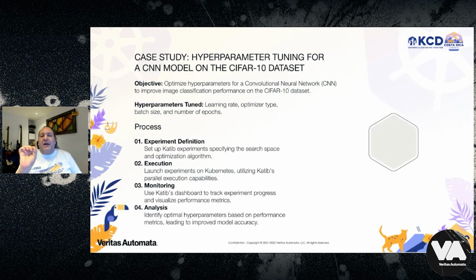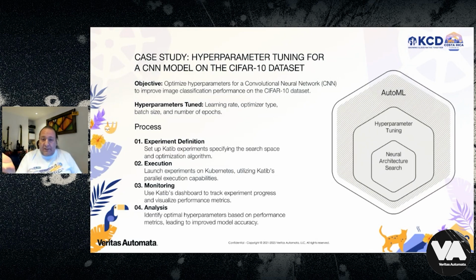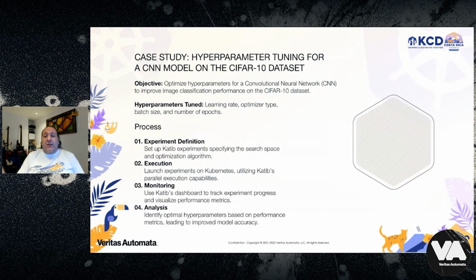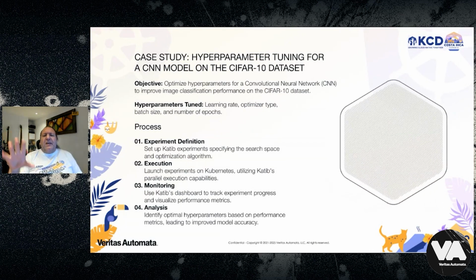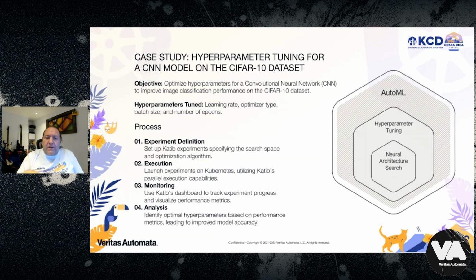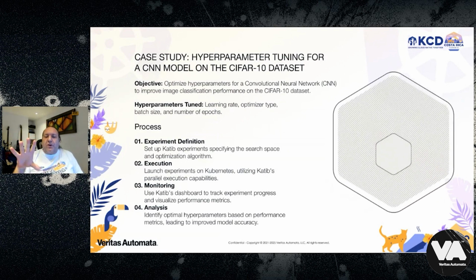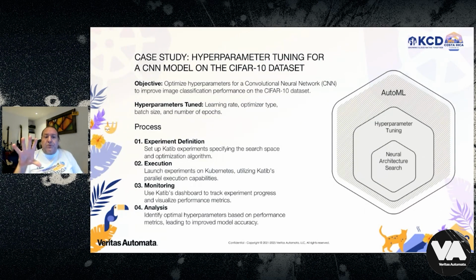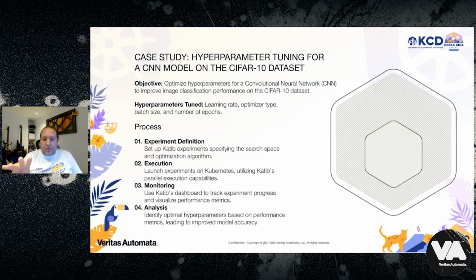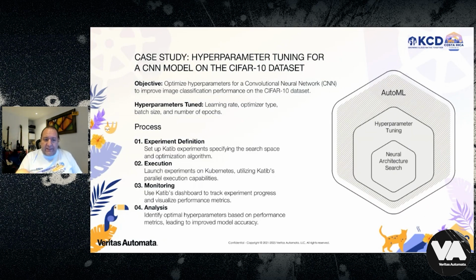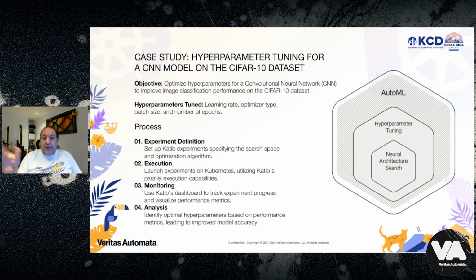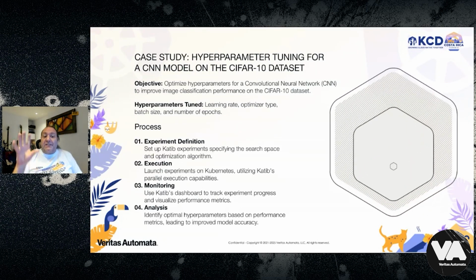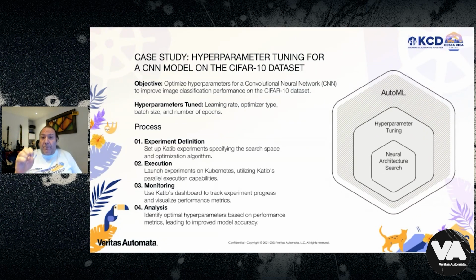We will use this CIFAR-10 dataset that has been publicly available for a long time. It has been used in TensorFlow a lot. And in this case, we will use a convolutional neural network to improve image classification performance based on this dataset. The hyperparameters tuned will be learning rate and optimizer type, batch size, and number of epochs.